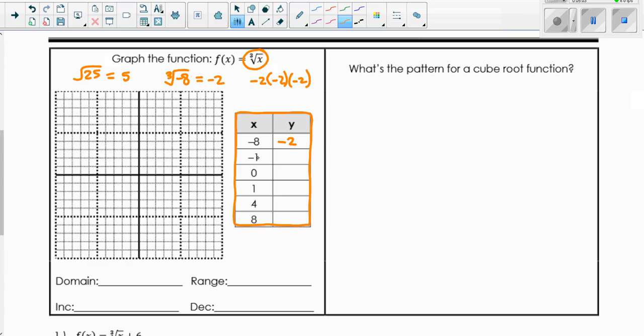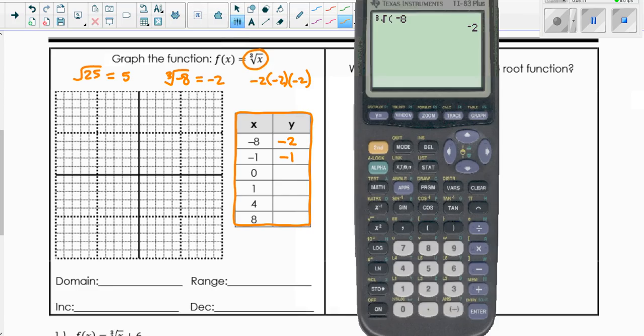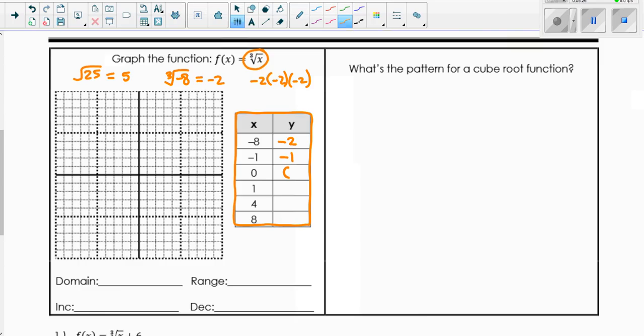So when I take the cube root of -1, I'm saying what times itself 3 times gives me -1. Well, that would be -1. Or I can check it in the calculator. The cube root of -1 is -1. The cube root of 0 is 0, since 0 times 0 times 0 is 0.